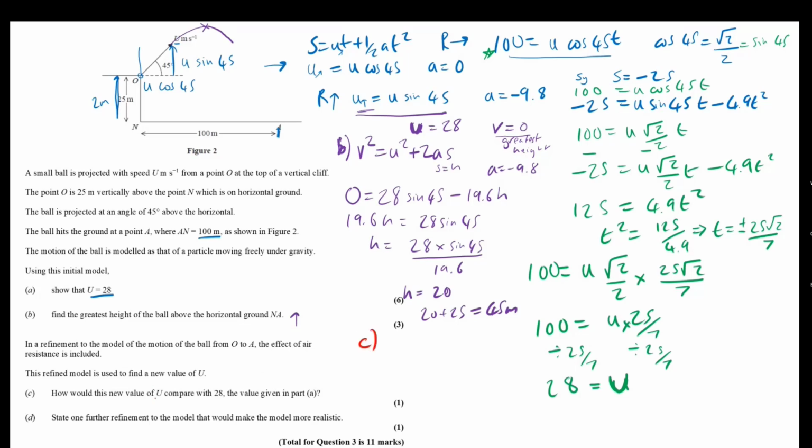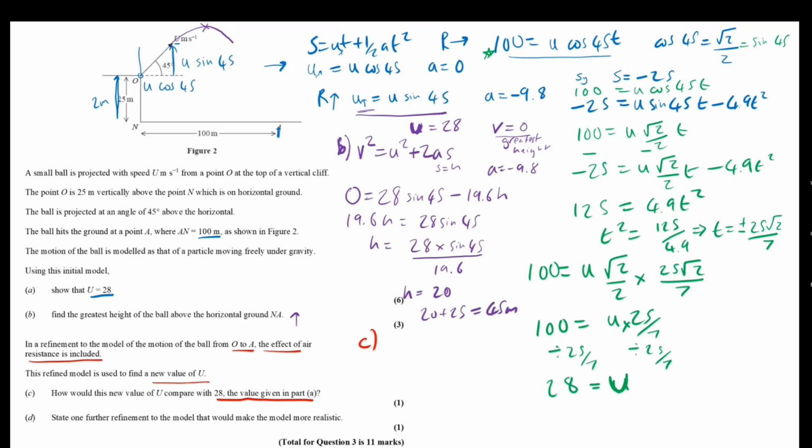Now it says part C is how would this new value of u compare with 28, the value given in part A. So remember, in the refinement of the model, the motion of the ball from O to A, the effect of air resistance is included. And the refined model is used to find a new value of u.